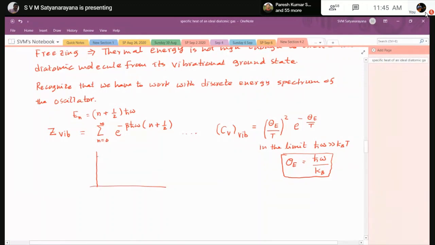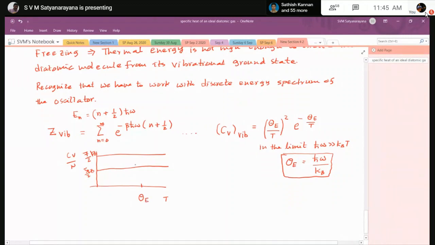This is your 7 by 2 k_B, and let's say this is your 5 by 2. Now what happens at some temperature of the order of theta_E?